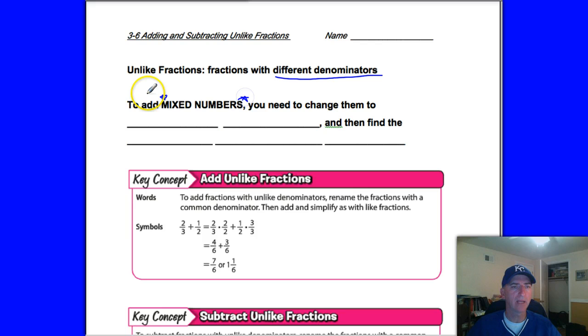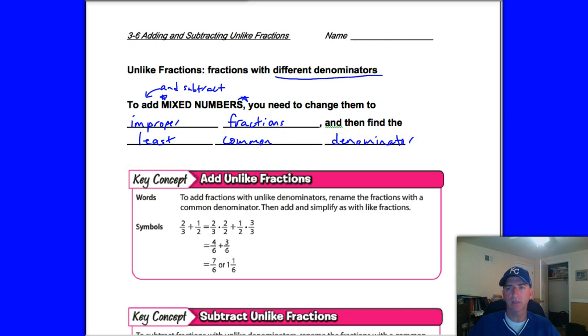So we're going to talk about how to add and subtract mixed numbers, and to do that you need to change them to improper fractions, and then find the least common denominator.